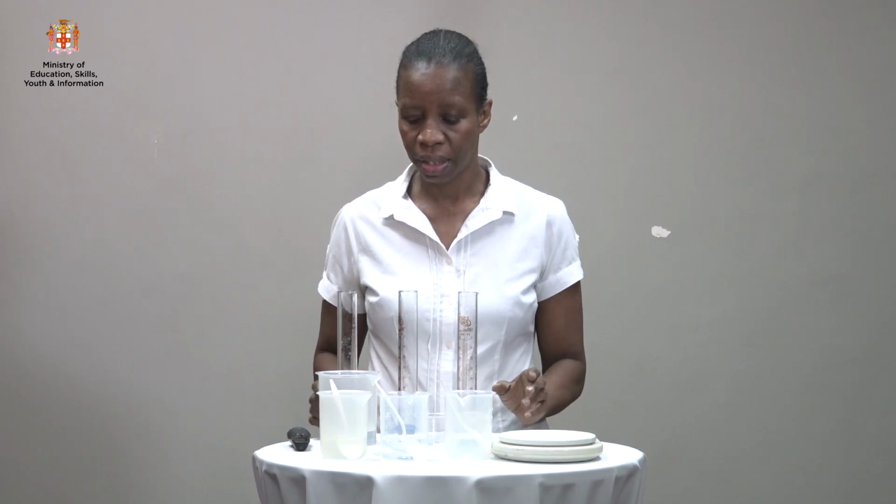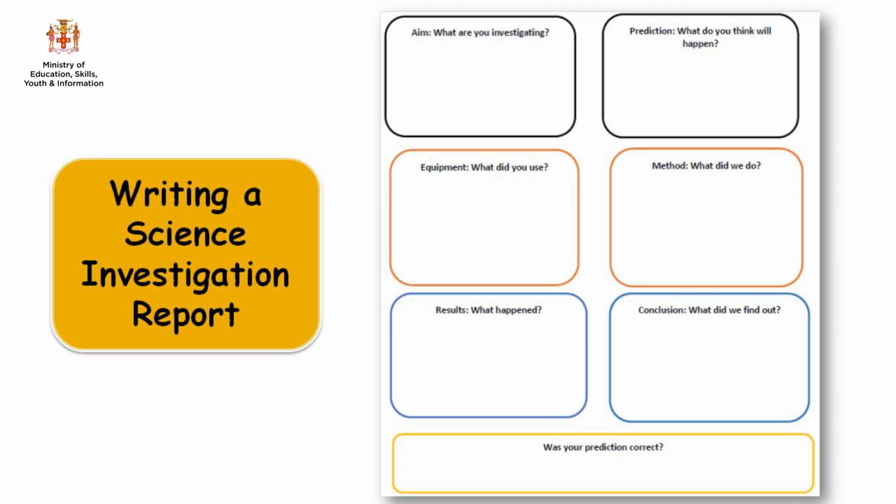So what can we conclude from these results, just looking at what is given there? It's obvious that the temperature of the water affected how quickly the salt dissolved. Beautiful. And so we can now write up what is called a science report or an investigation, right?